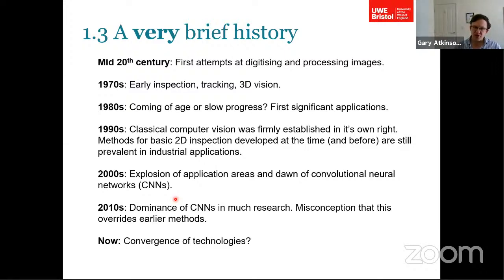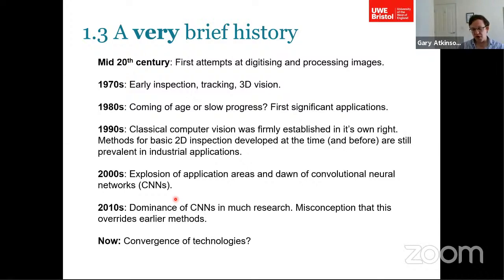But it was, I guess, the 1970s when it became a discipline in its own right, and people started to use it for preliminary or rudimentary attempts at inspection or tracking particles from an accelerator chamber, that sort of thing. And then in the 1980s, some would argue that was the coming of age of the field, when many of the classical algorithms had been formalized.